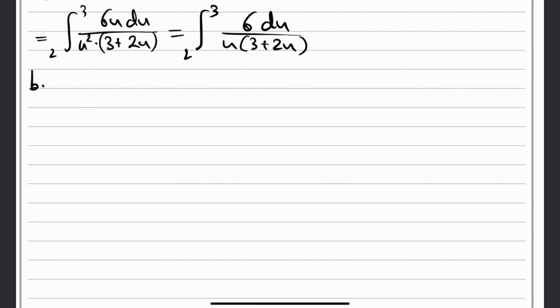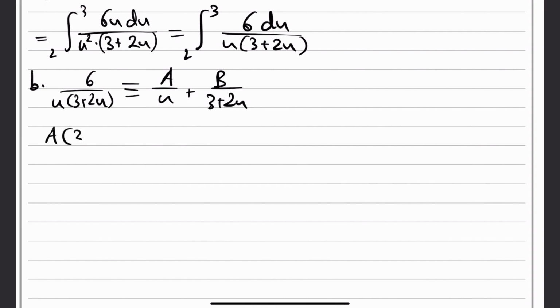So basically what we are saying is 6 over u, 3 plus 2u is identical to a over u plus b over 3 plus 2u. So not using identity rules, just cross multiplying and then cancel out denominator.